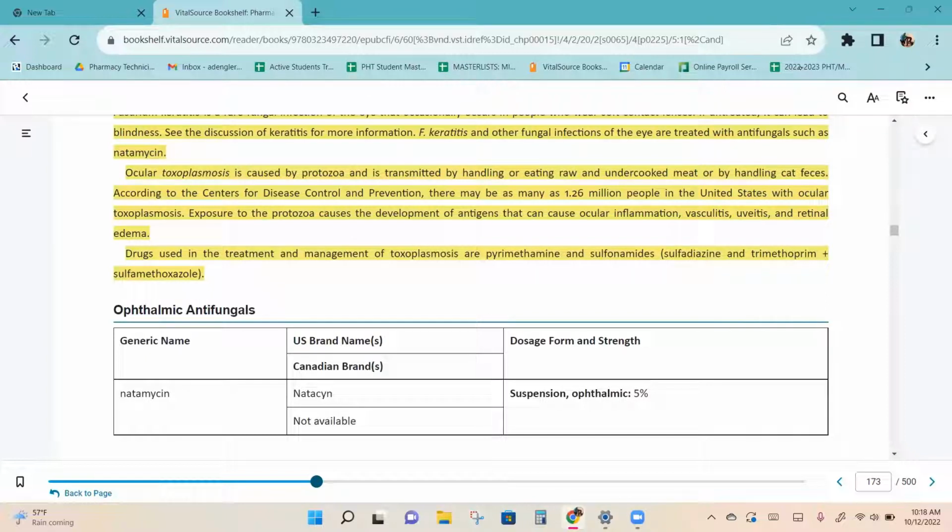It can be transmitted by handling cat feces or eating or handling raw or undercooked meat. According to the CDC, there's apparently 1.26 million people in the United States that have this. Exposure to the protozoa causes development of antigens that can cause ocular inflammation, vasculitis, uveitis, and retinal edema.